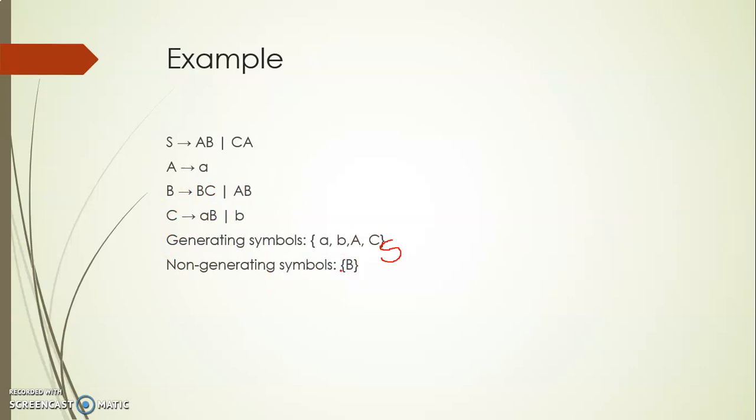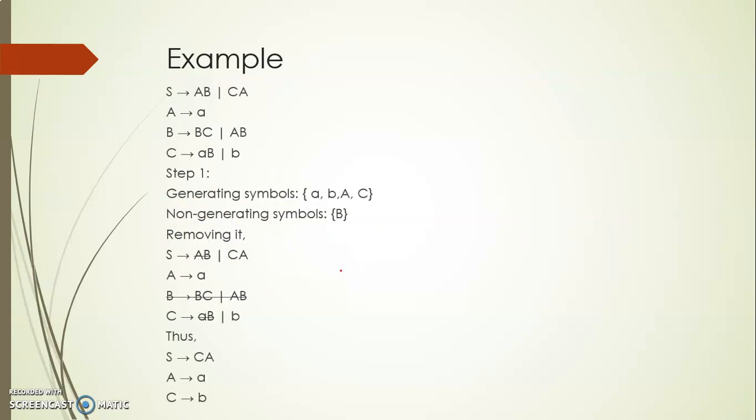Now we have to eliminate this non-generating symbol. Elimination in the sense that if it is an option in other non-terminals, that option has to be removed, and also the productions made up of B must be removed. So removing all the productions that include B, we get this corresponding grammar.